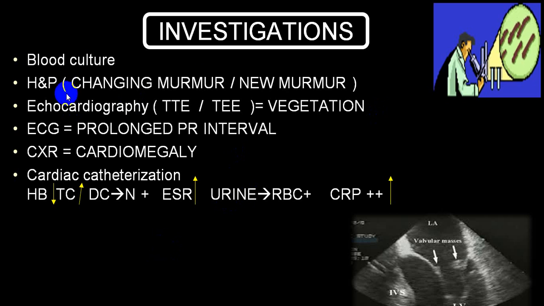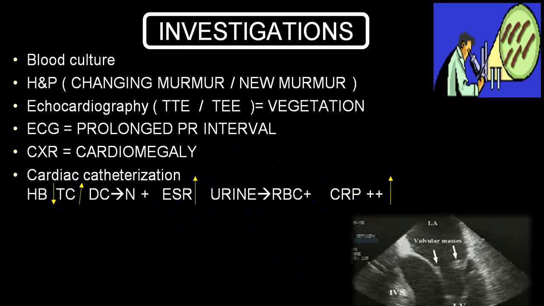Clinical criteria wise, changing murmur, new murmur. ECG, you can have PR prolongation. X-ray chest, cardiomegaly. In CBC, anemia, normocytic normochromic, leukocytosis, increased ESR, CRP elevated, and urine showing you proteinuria, RBC cast, and RBC.